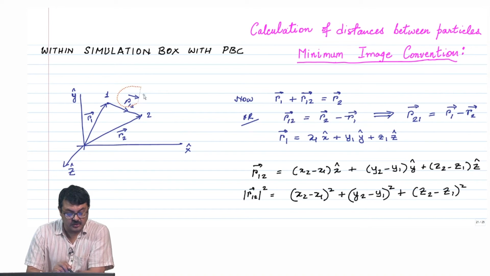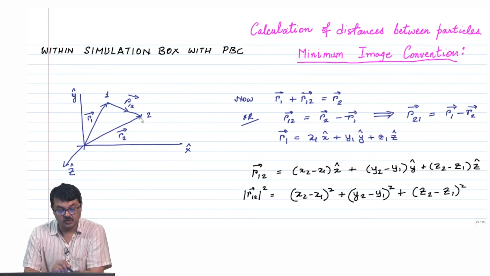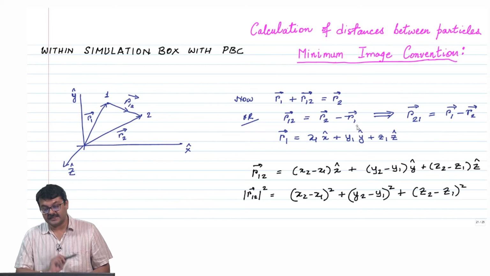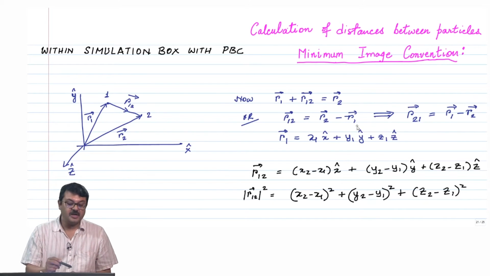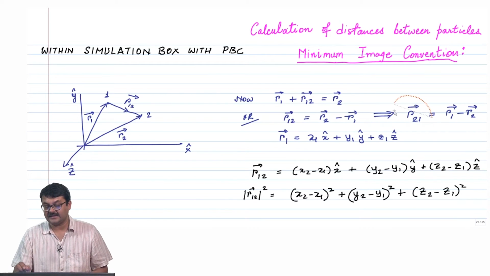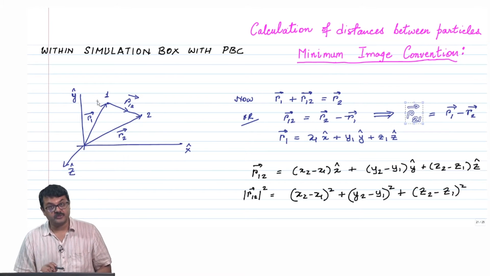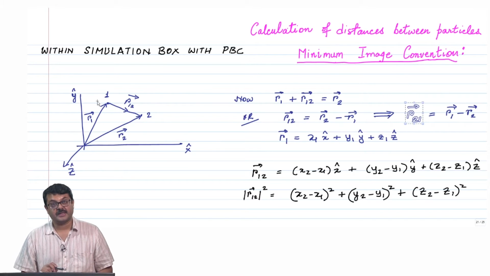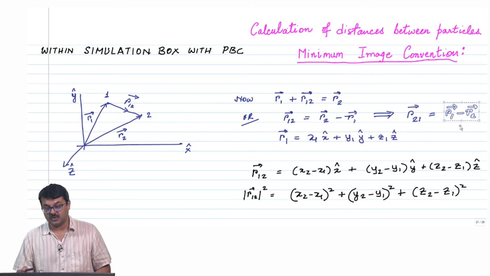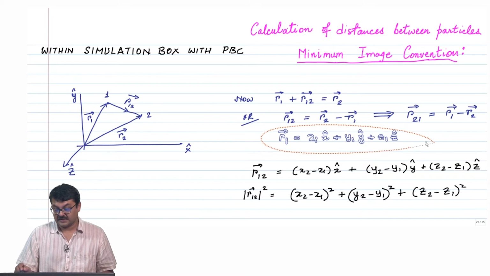So, r12 is this vector joining position 1 to 2, and that can be written as r2 vector minus r1 vector. Similarly, if you had a vector going from 2 to 1, which is exactly opposite to the vector r12, then that is r1 minus r2, right. And what is r1?